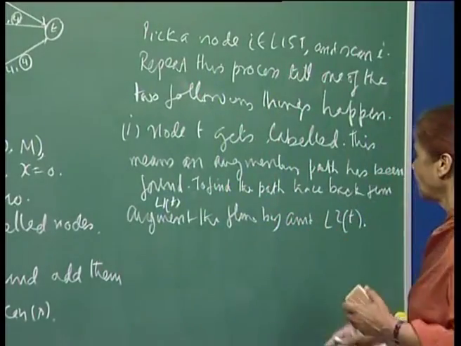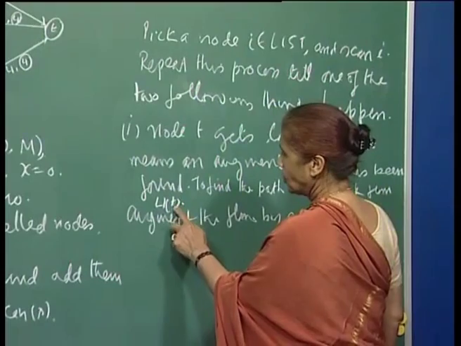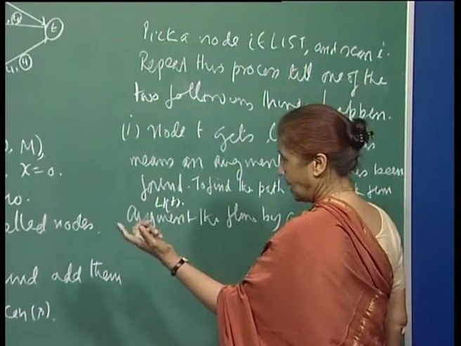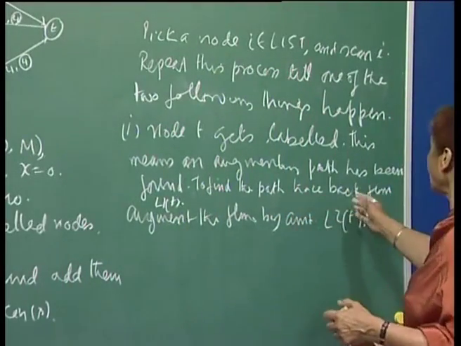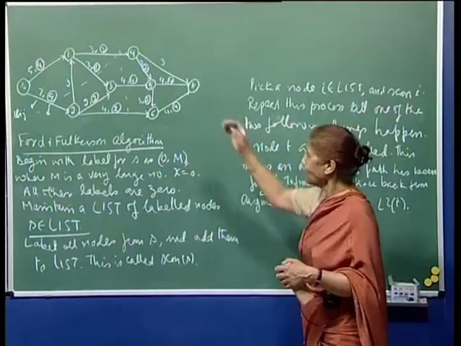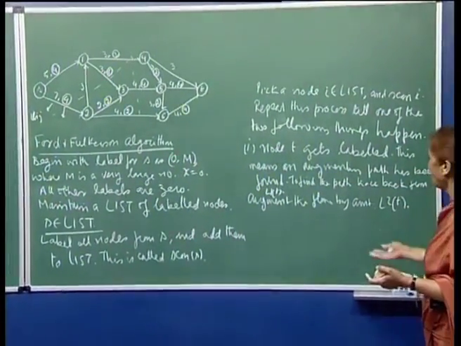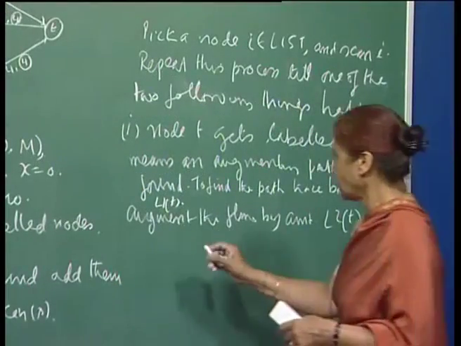This label tells you how you reached T, and when you go to that node, that will tell you how you reached there. As you go backwards you will find the path up to S. So you will find the augmenting path. Then on the augmenting path, you augment the flow by amount L to T, and then update the flow.